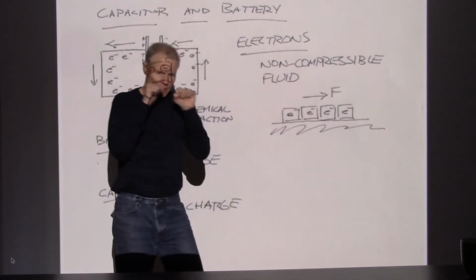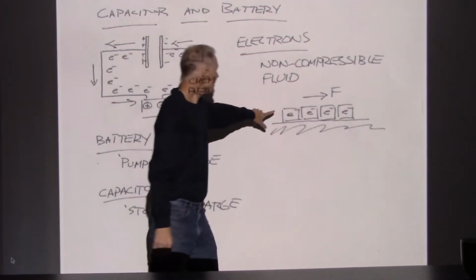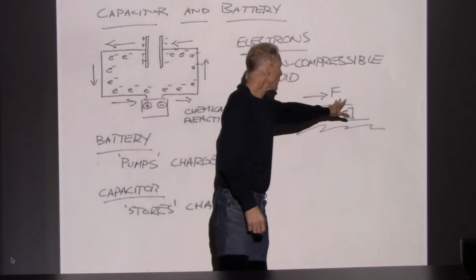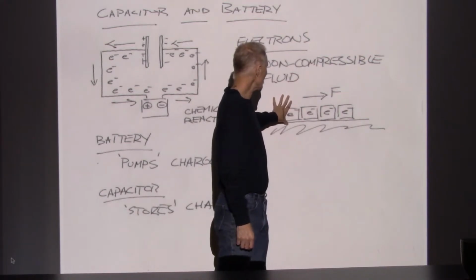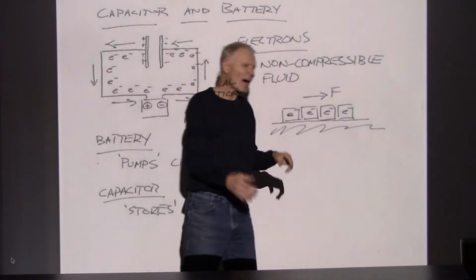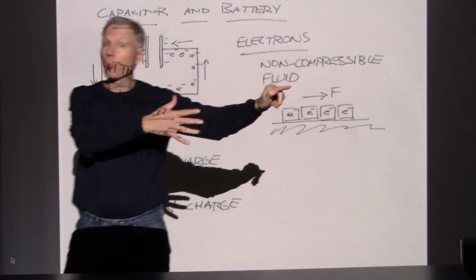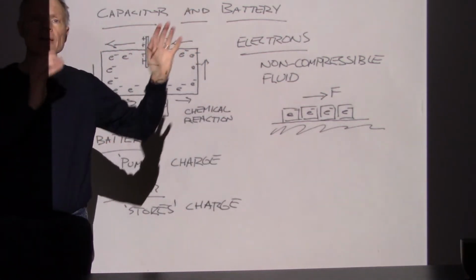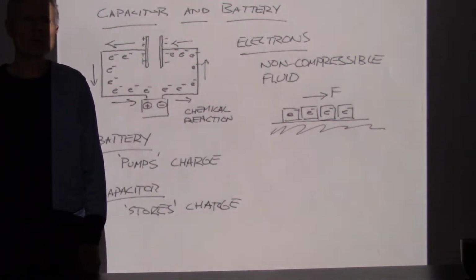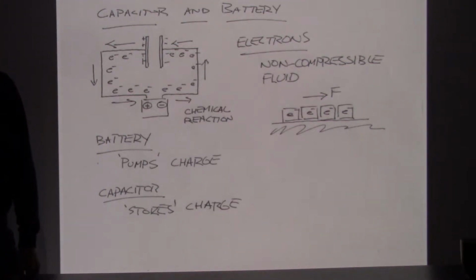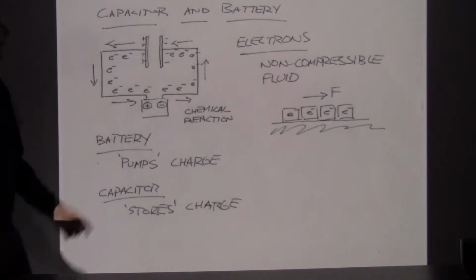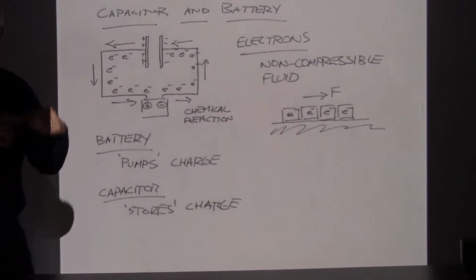Now what happens is if I start pushing on this block, all the other blocks move. So if the battery is located here, and the battery is pushing electrons forward, it ends up moving all the electrons in the circuit because they're like blocks. And one electron will push on its neighbors, and everybody throughout the entire circuit will go into motion.